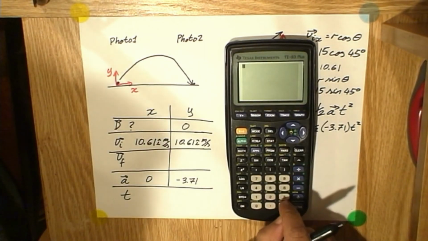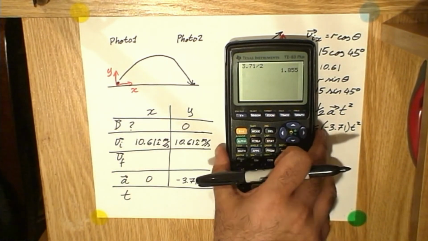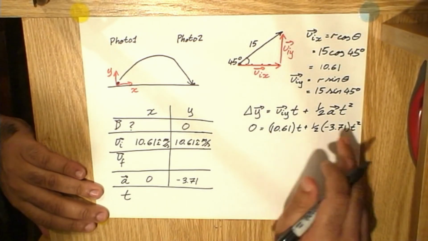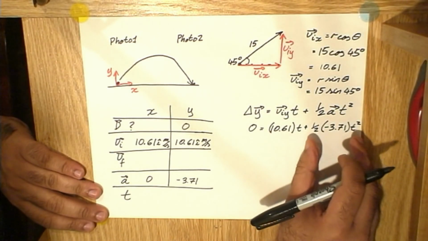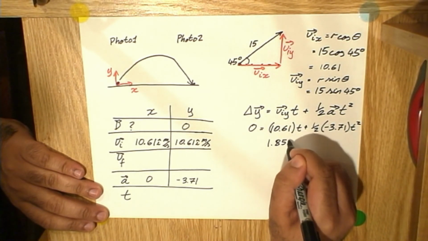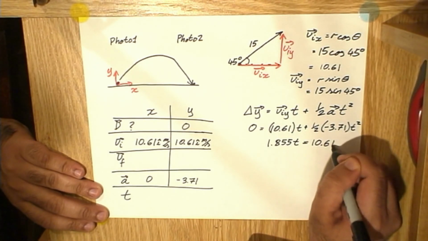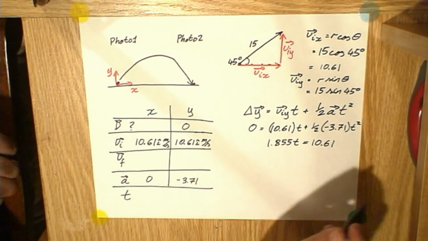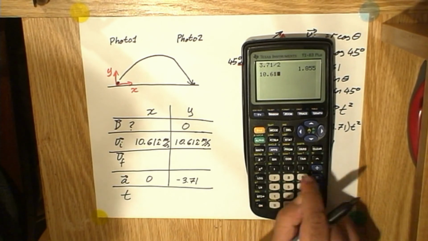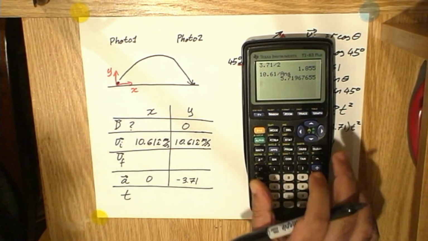Let me just check that. 1.855. Okay. So, dividing everything by time and moving this term to the other side, I would end up with 1.855 t is equal to 10.61. So now I just need to divide both sides by 1.855. So 10.61 divided by 1.855 gives me 5.72 seconds.